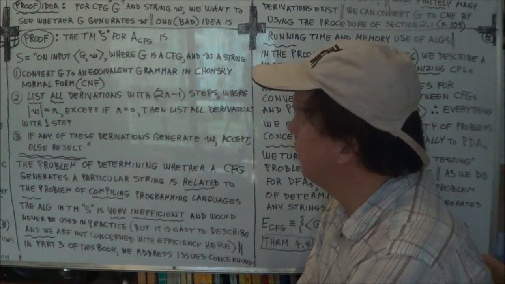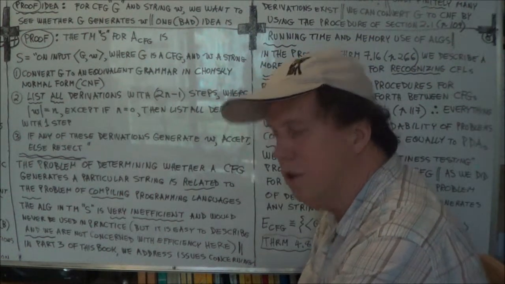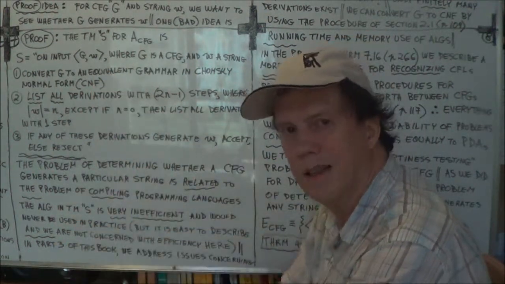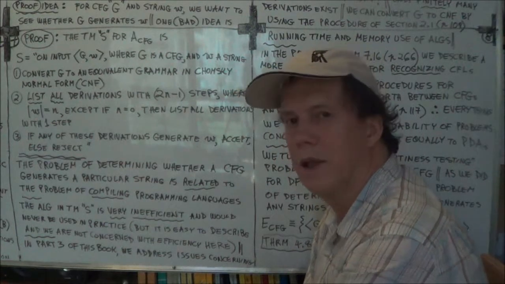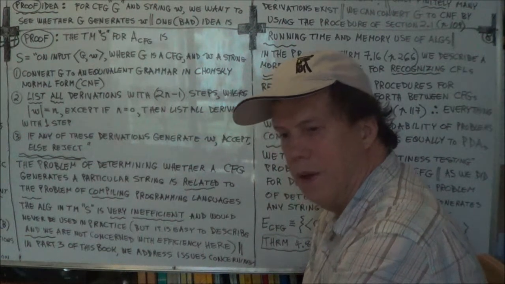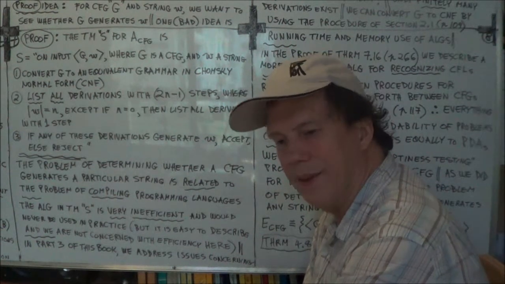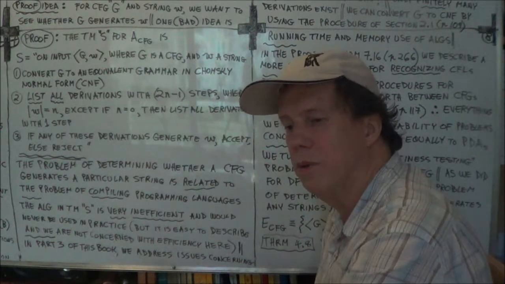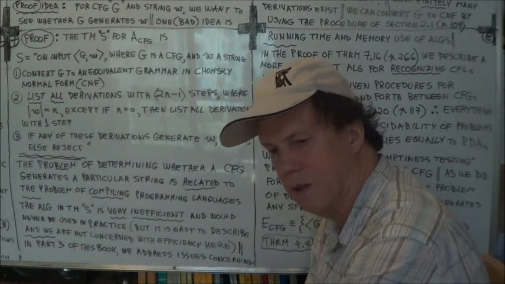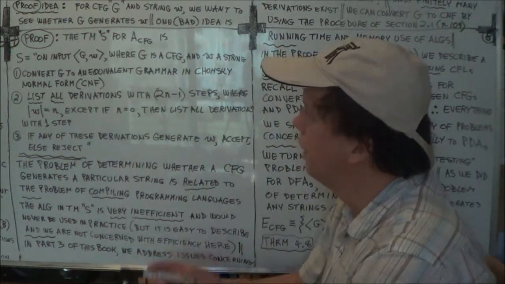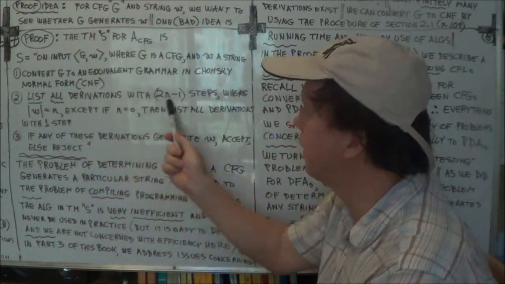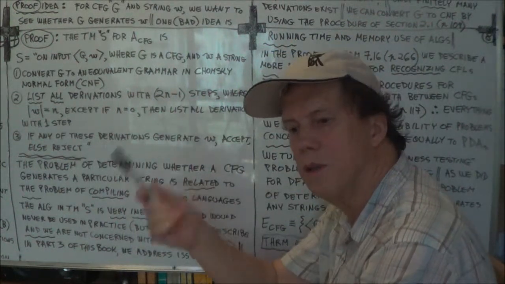Now, you know the details of the string, so you can easily calculate its length. I call that length little n, and you know from previous theory that if your input string length is little n, then you will need 2n minus 1 steps to derive it from your starting variable, big S. So now calculate all possible derivations of this length, using your substitution rules.